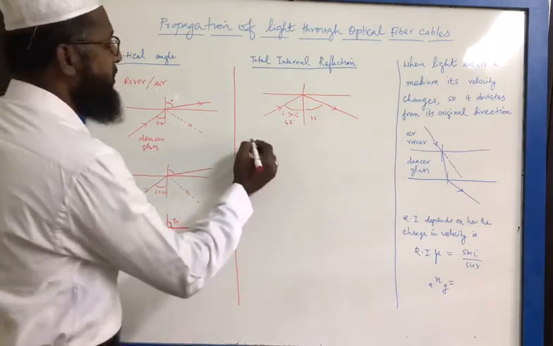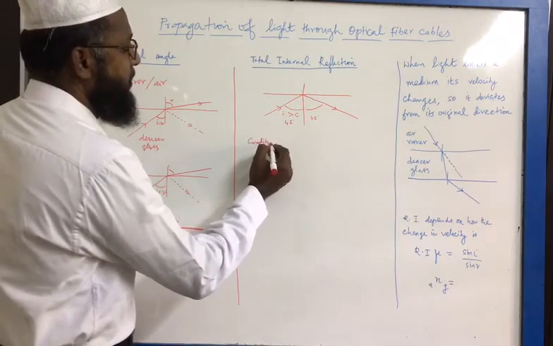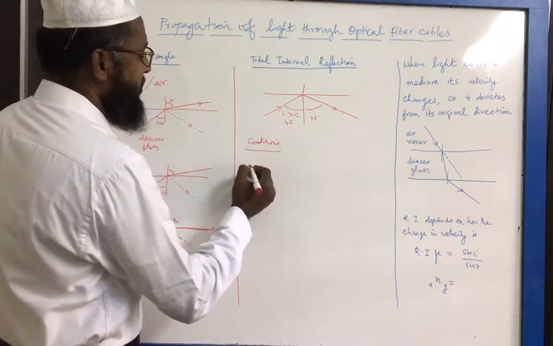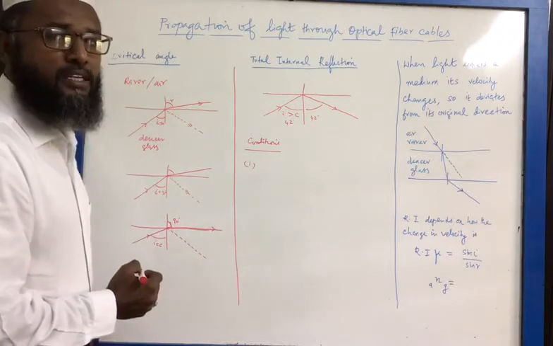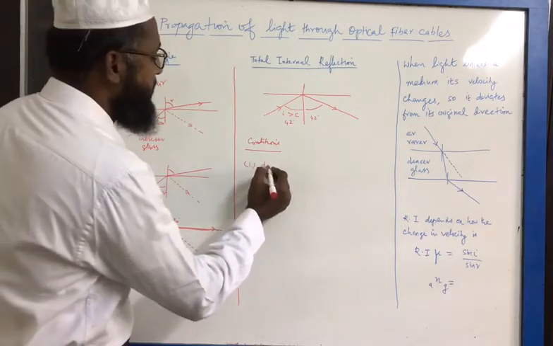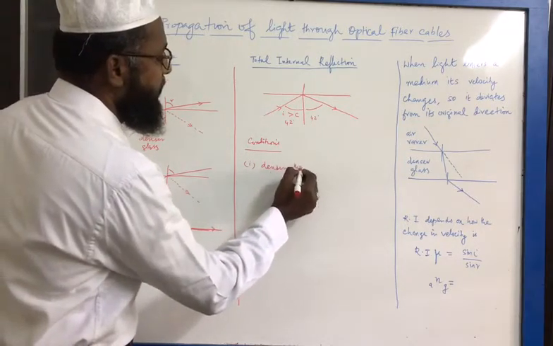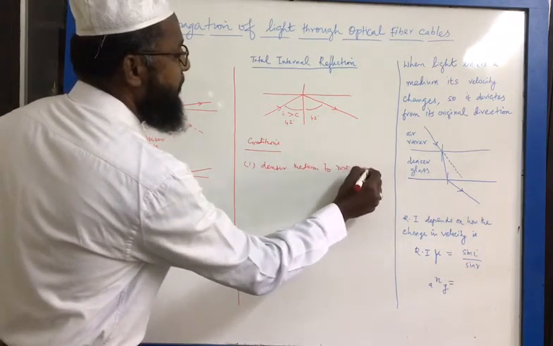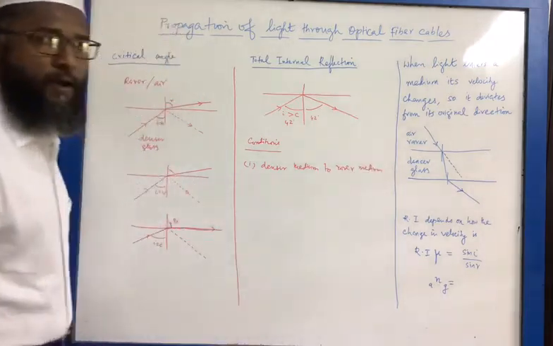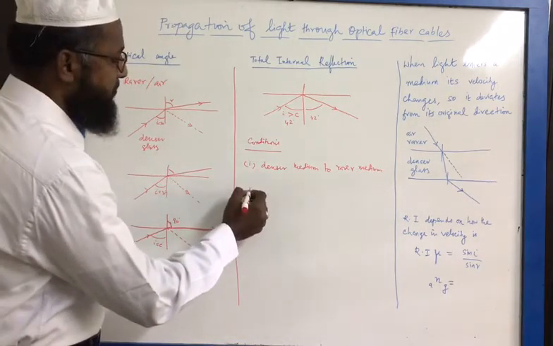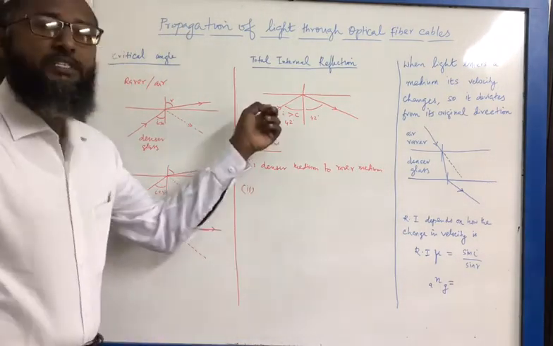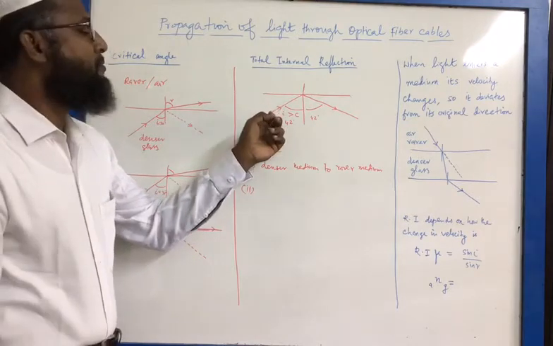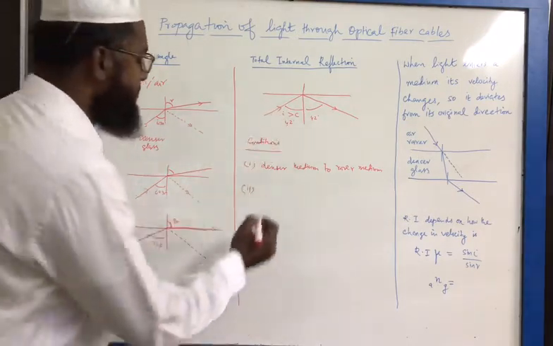And let's see what the conditions for this are. Of course, the first condition is that the ray has to pass from denser medium to rarer medium. Number two, of course, the angle of incidence in the denser medium should be greater than critical.